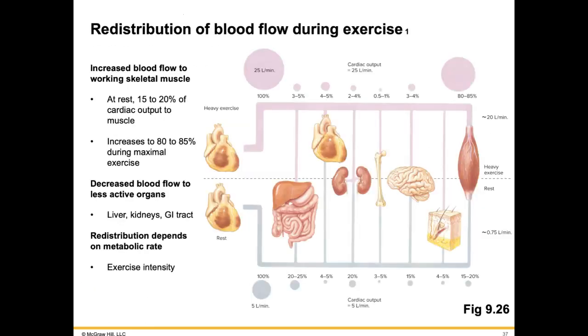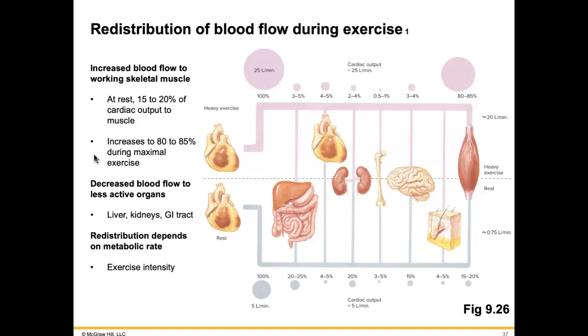This slide here is actually something that we already mentioned in this lecture, that our skeletal muscles that are active, that are working, are going to have increased blood flow to them. At rest, we have about 15 to 20% of cardiac output going to the muscle, and that is going to increase up to 80 to 85% during maximal exercise.